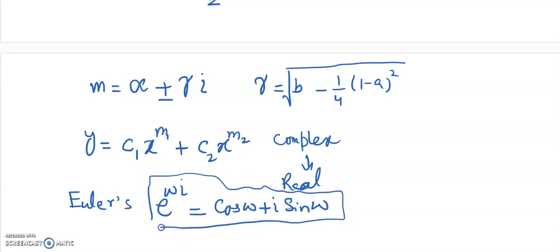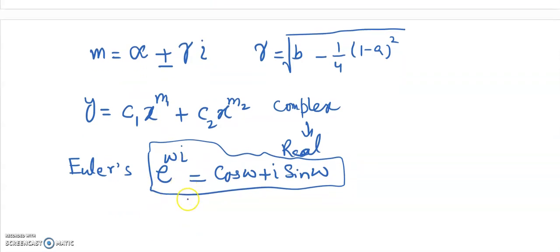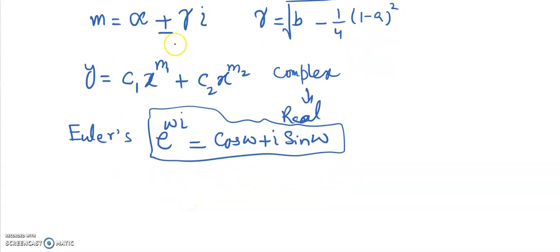Okay, so we can use this for this purpose. In this case we have m1 and m2 as alpha plus gamma i and alpha minus gamma i respectively, so we can represent these roots. For example, let me take the first one. So y is equal to this first solution and then the second solution.